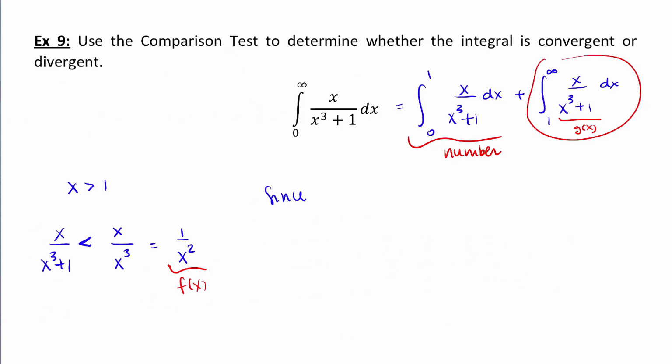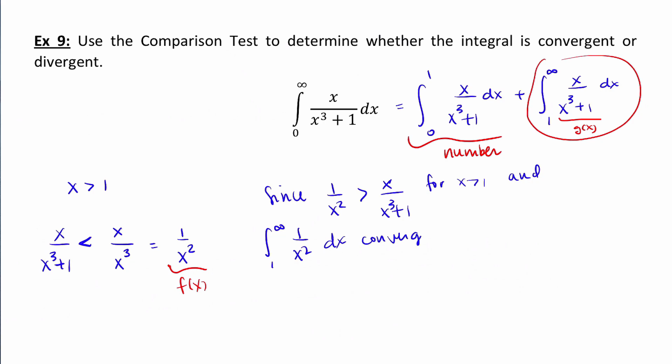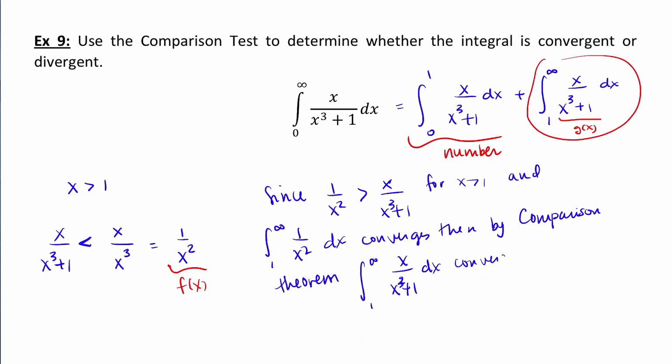We say since 1 over x squared is larger than x over x cubed plus 1 for x larger than 1, and the integral from 1 to infinity of 1 over x squared dx converges, then by the comparison theorem, the integral from 1 to infinity of x over x cubed plus 1 dx converges, and the integral from 0 to infinity of x over x cubed plus 1 dx converges, okay?